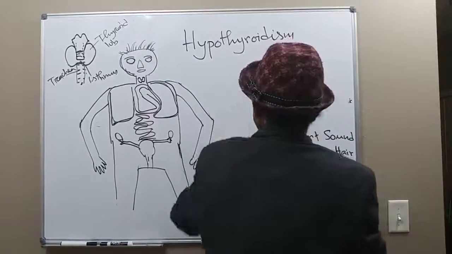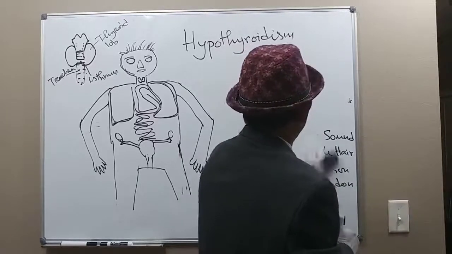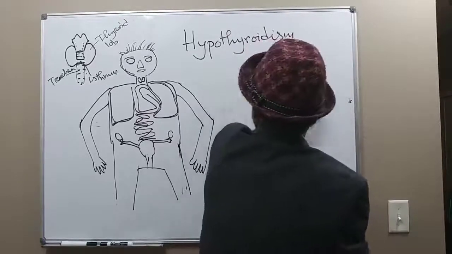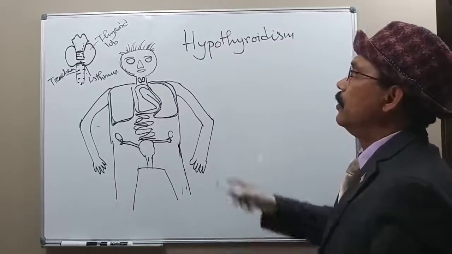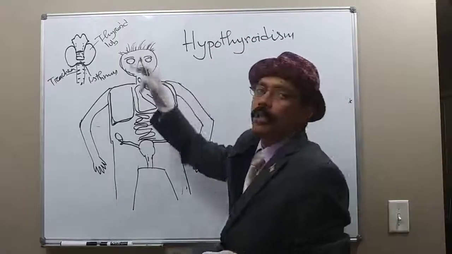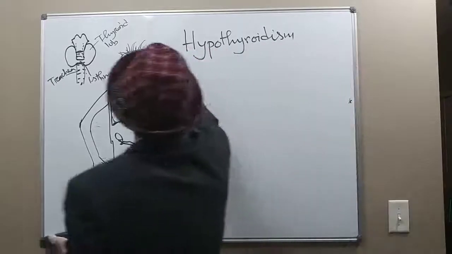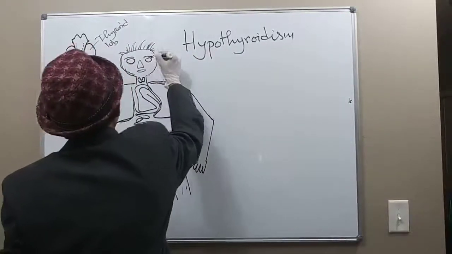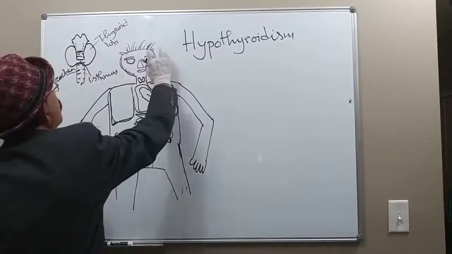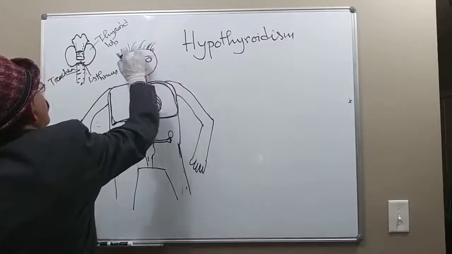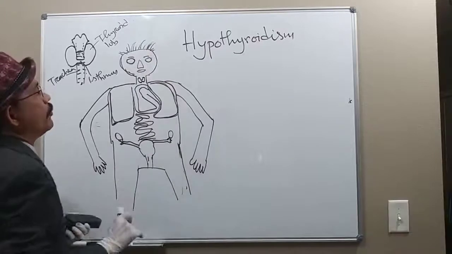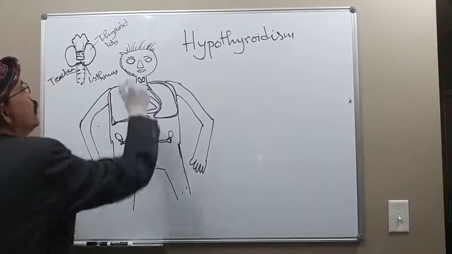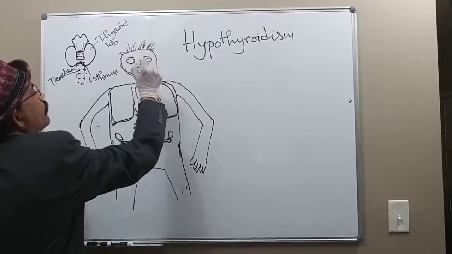Now let us look at this picture. There will be loss of hair from the outer third of the eyebrow, and the hair will be coarse.